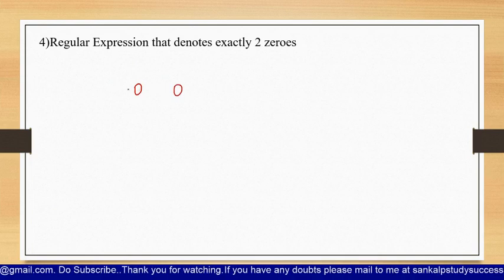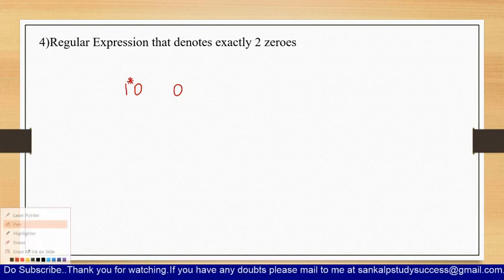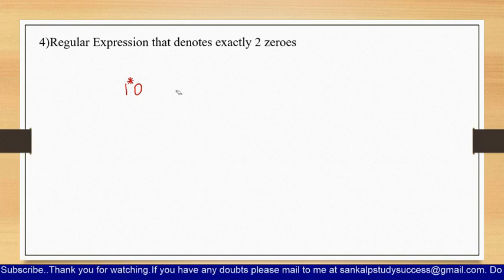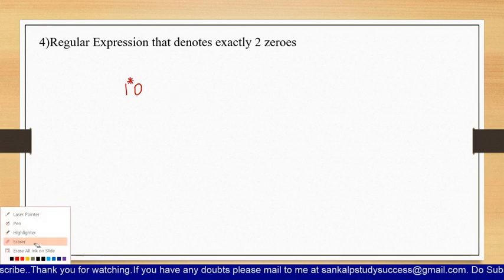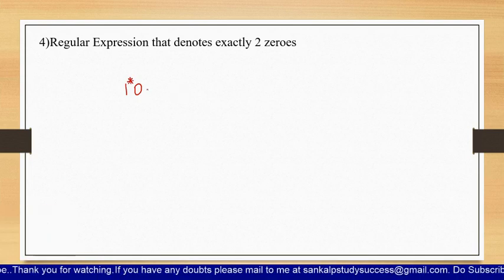Before this 0, you can have 1 or you may not have 1, so 1 star. And also after the 0, you can have one more 1 or you may not, so let us keep 1 star. Then you will have 1 0.